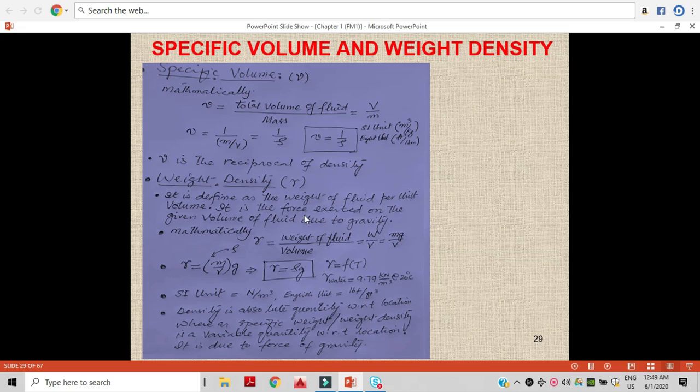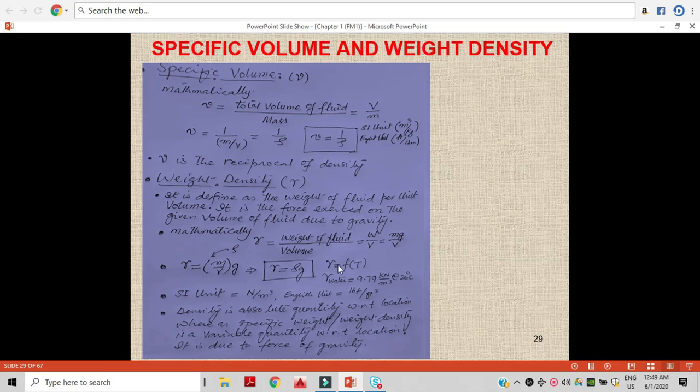It is the force exerted on the given volume of fluid due to gravity. Mathematically it is indicated with the Greek symbol gamma, the weight over volume.